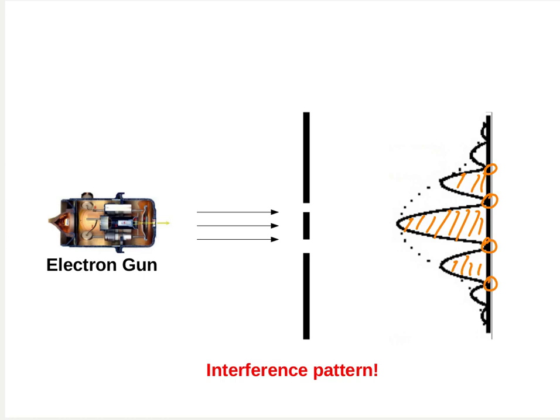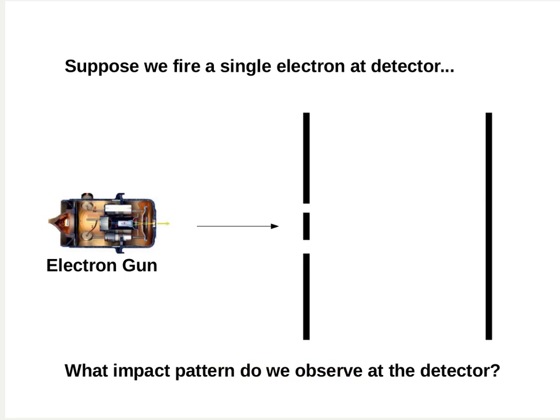So to get a little bit better feel for what's going on, let's change this up to account for that possible explanation by just firing a single electron, one electron at a time, let it go through the double slit, and note where it impacts the detector, and then after we record that impact, then we'll fire our next electron, and then figure out what sort of pattern ends up forming.